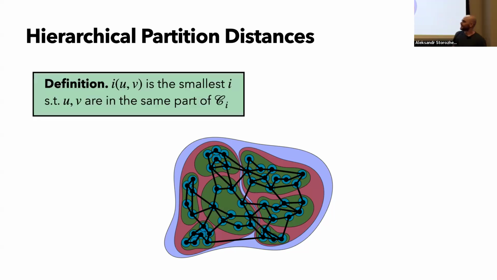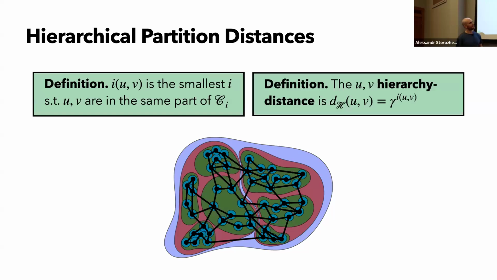So, just a little bit of notation. I'm going to let i_{uv} be the smallest level i of the hierarchy such that u and v are in the same part of the ith level of your hierarchy. Then, assuming this is a gamma-growing hierarchy, I'll let the hierarchy distance between vertices u and v be gamma to the i_{uv}.